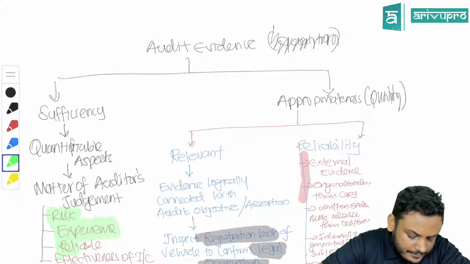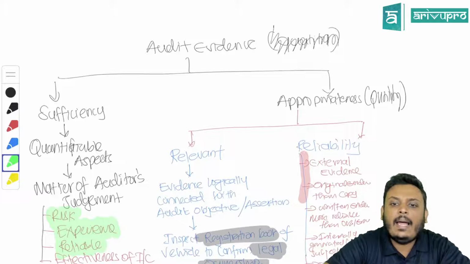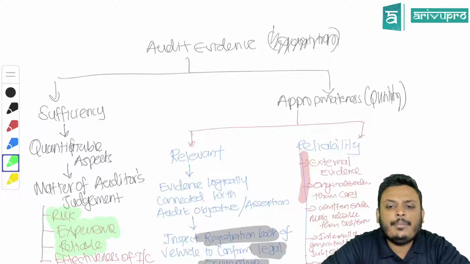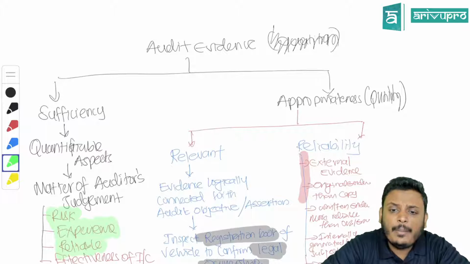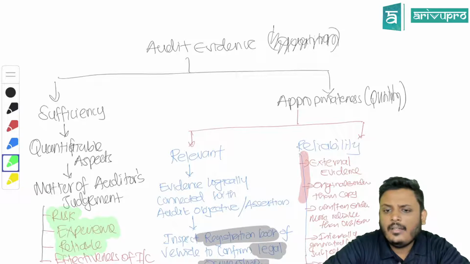And reliability. What do you mean by the term reliability? When the evidence is more reliable, less evidence is enough. But when the evidence is less reliable, more evidence needs to be collected.